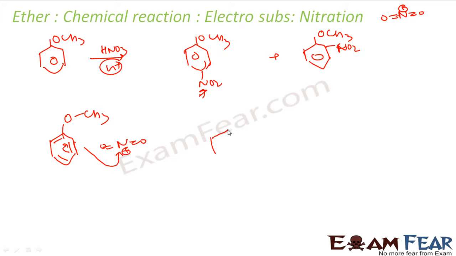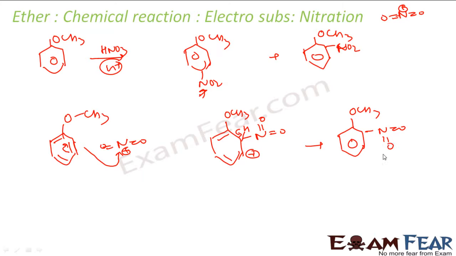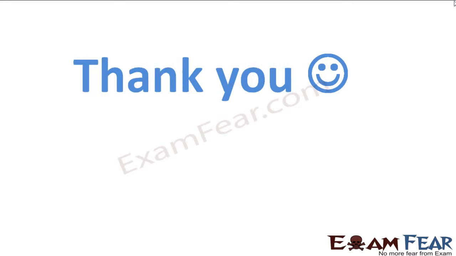So on the negative side, you attach this NO2. This gets a positive charge here, right? The aromaticity breaks, correct? So to bring back aromaticity, this hydrogen goes off in this fashion, right? And here you get aromaticity back, correct? This is the reaction mechanism. Pretty easy.